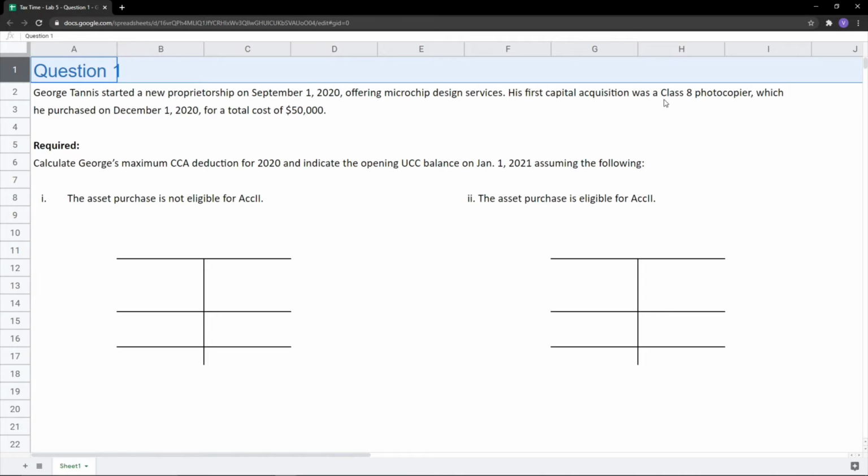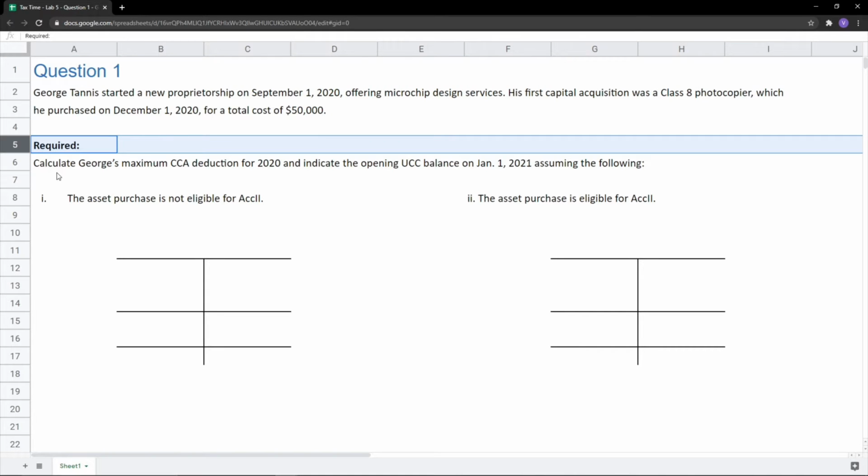Let's continue on. It's offering microchip design services. His first capital acquisition was a Class 8 photocopier, which he purchased on December 1st, 2020 for a total cost of $50,000. The required: Calculate George's maximum CCA deduction for 2020 and indicate the opening UCC, that's undepreciated capital cost, balance on January 1st, 2021, assuming the following.